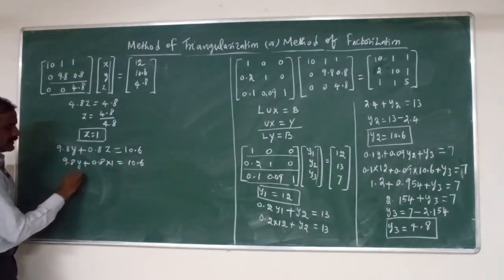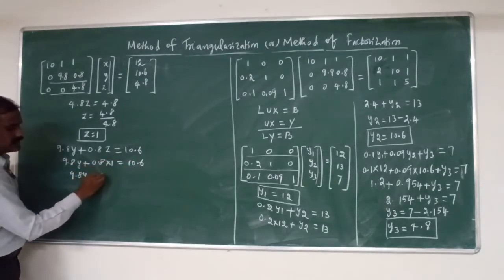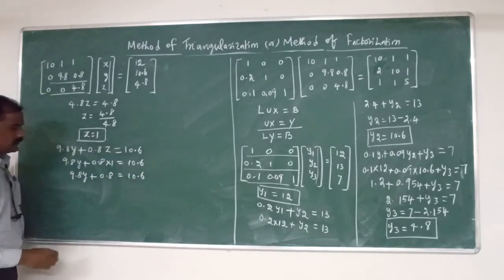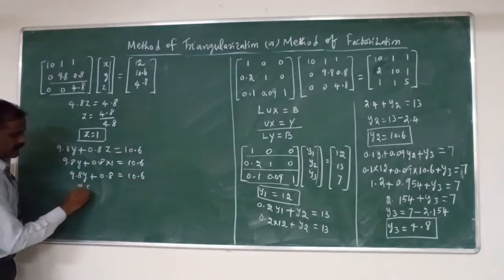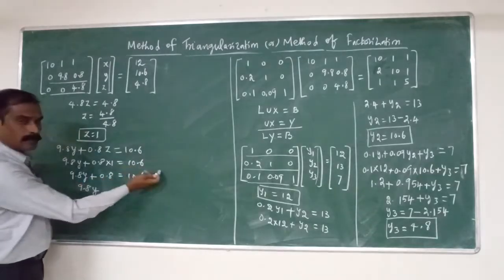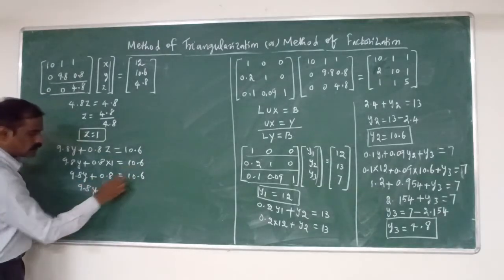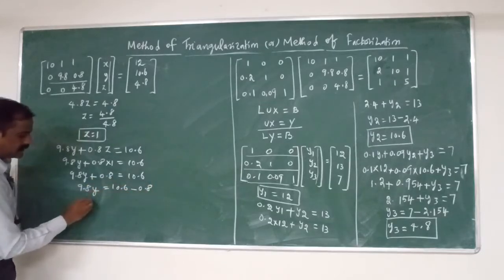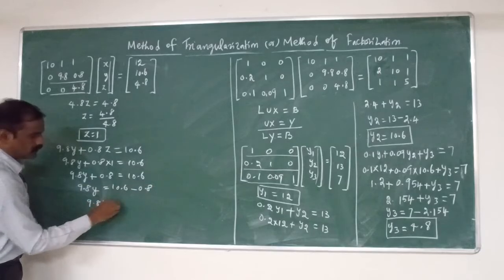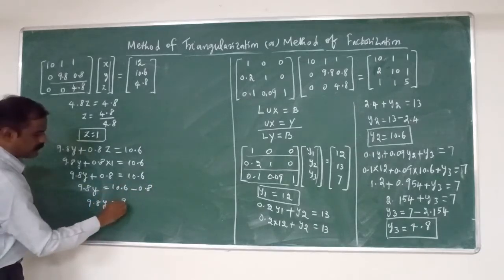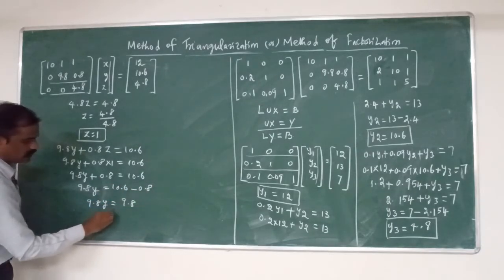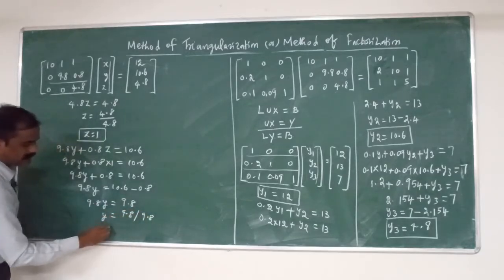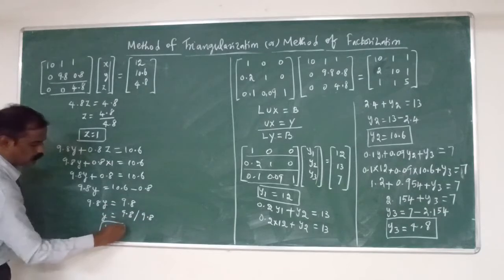Multiplying, we get 0.8. Then 9.8y equal to 10.6 minus 0.8. Subtracting these two, we get 9.8. Now y equal to 9.8 divided by 9.8. We get the result y is equal to 1.